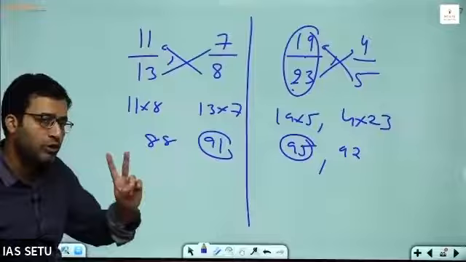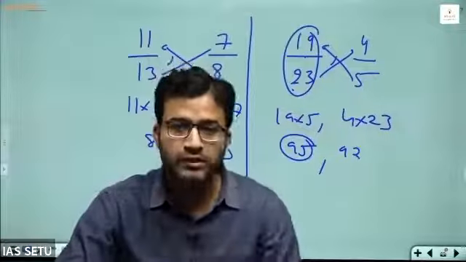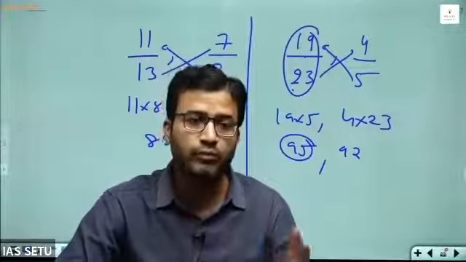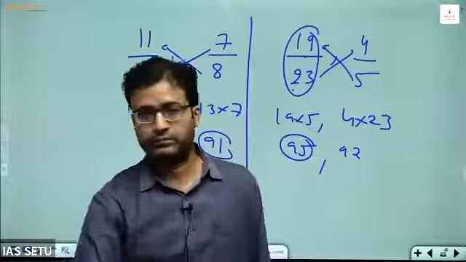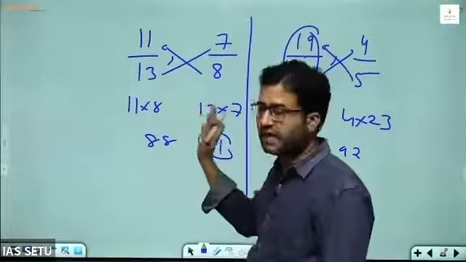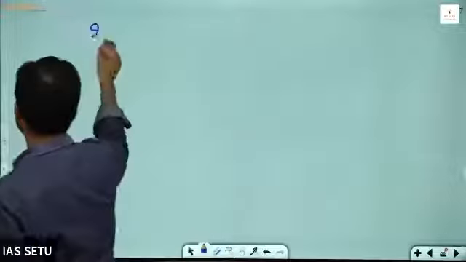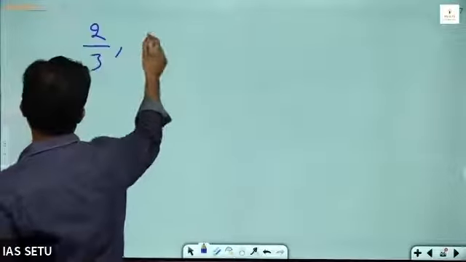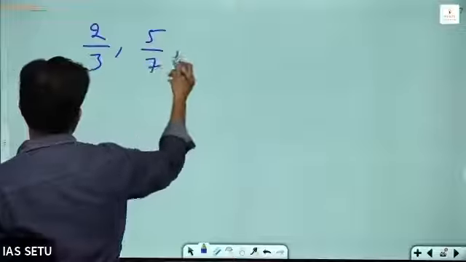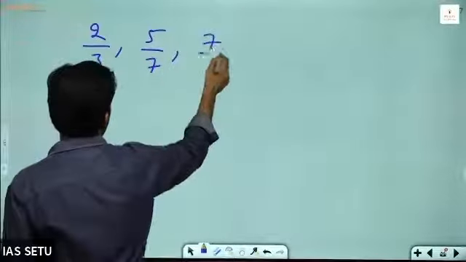But there are two limitations of this cross multiplication method. First limitation is if they have given more than two fractions. Two fraction cross multiplication is very easy, but if they give more than two fractions, like 2/3, 5/7, 7/10.